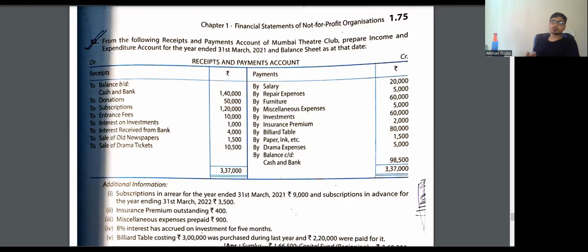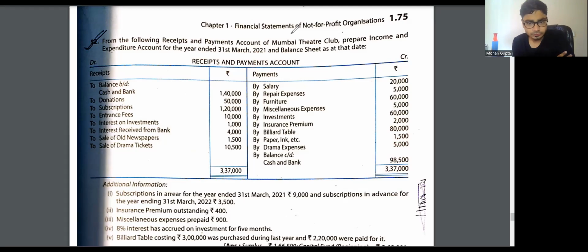It should not come for 5 marks because this is a bit time consuming, but a question with 2 to 3 adjustments instead of 5, and some lesser transactions, receipt payment account, will come for 5 marks like this. So we are doing a bit of a tricky one, but you will understand the concept, and that is good.